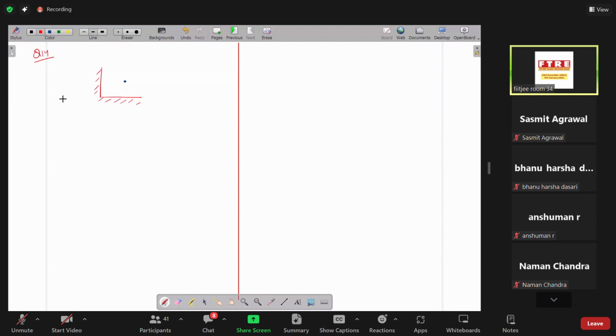If I extend these lines like this, the images will be formed in such a way that if the object is at a distance of x from the mirror, the image will also be formed just in front of it at a distance x.